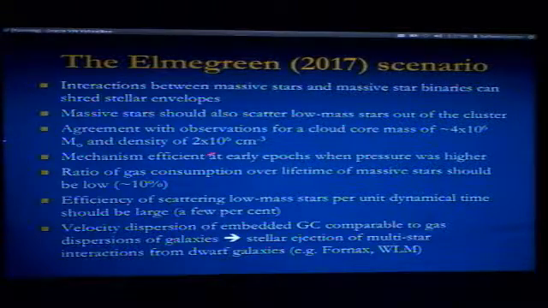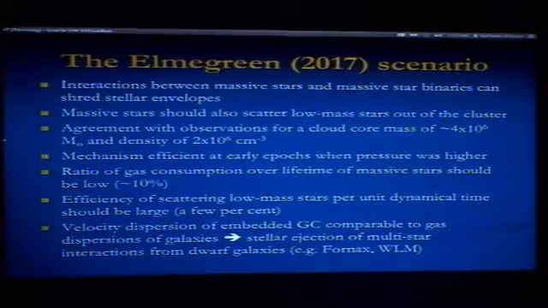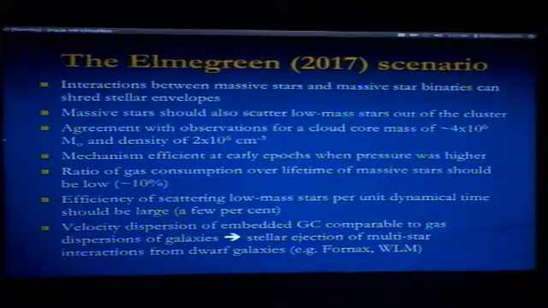And the idea is that this mechanism is efficient at early epochs when the pressure was higher, and this can explain clusters, and also can explain why you don't observe these field stars in the Fornax and WLM galaxies, because the ejection of the low mass stars is so efficient that they are lost by the dwarf galaxies. So this is an attempt to explain everything.